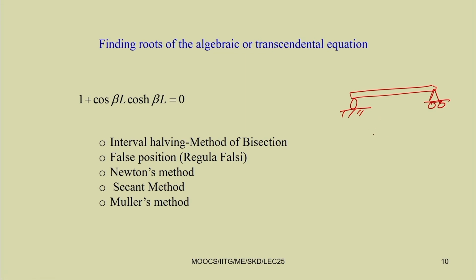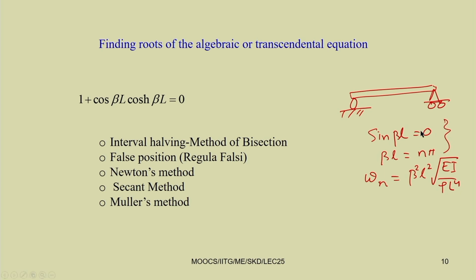We got a characteristic equation which contains sin beta L equal to 0. Here, to solve this equation we can easily write beta L equal to n pi, where the natural frequency omega n is equal to beta square L square root over E I by rho L fourth. For the simply supported case, you can find the solution to be very easy.